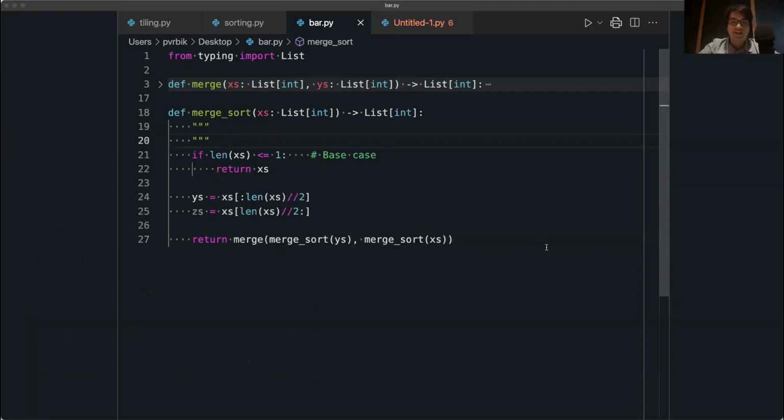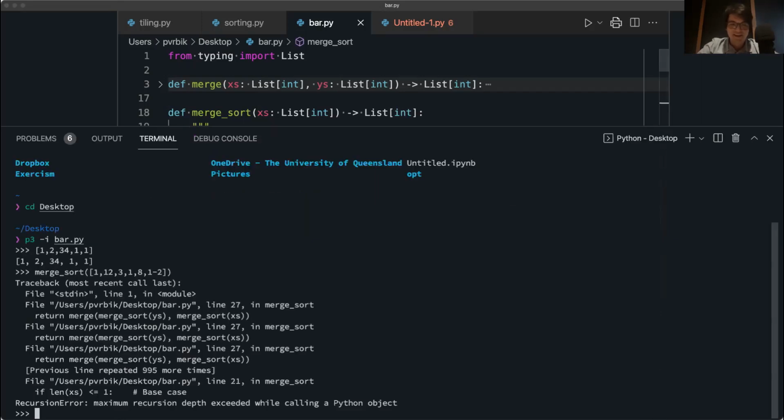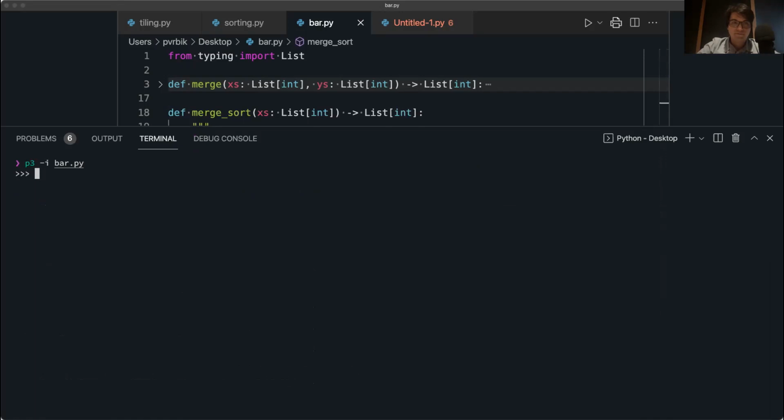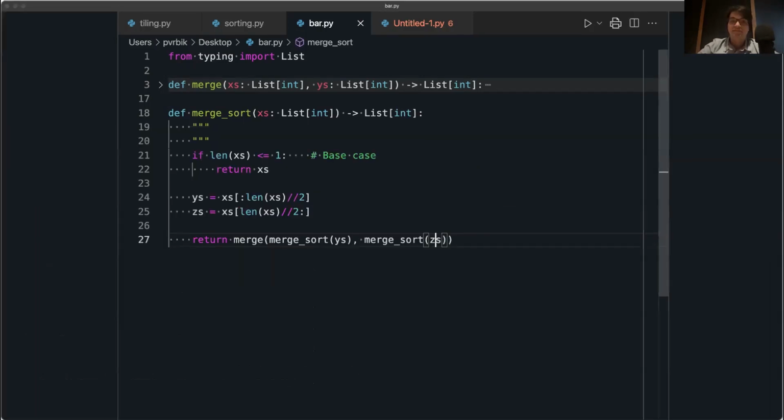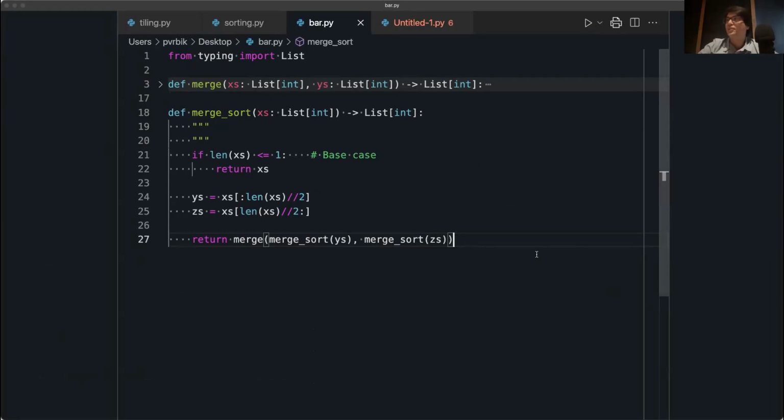Where is my mistake? There's usually not supposed to be mistakes in something that's so simple. Zs, not Ys. There you go. All right, look at this. Sorted list. Super easy.